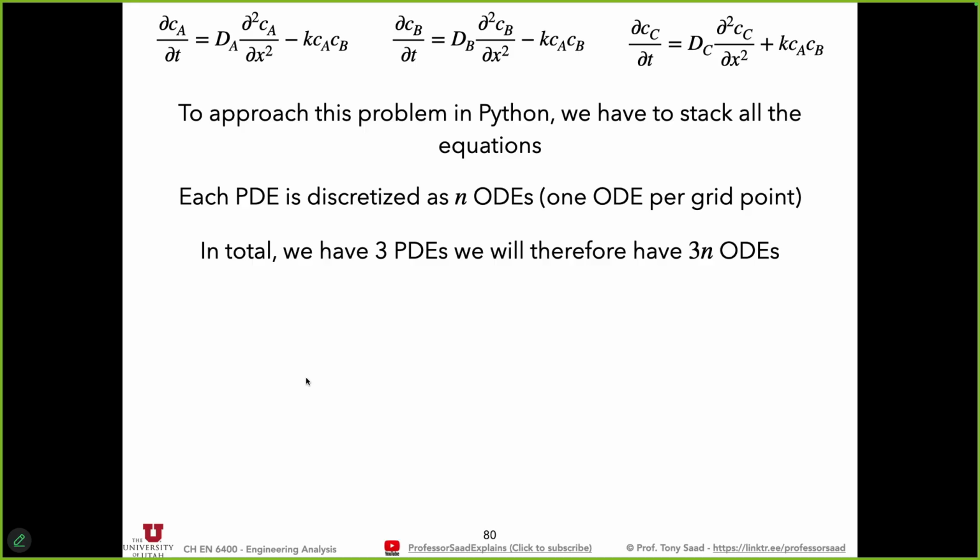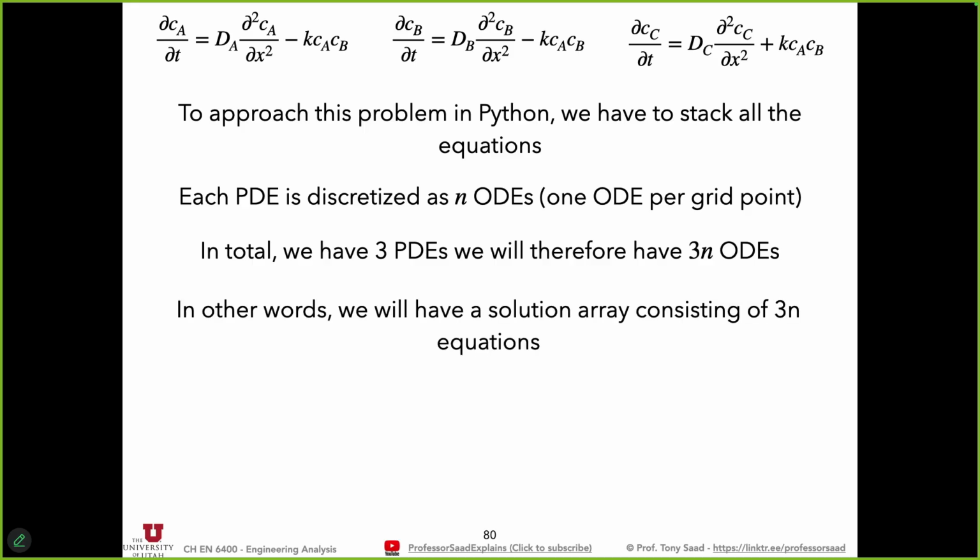But from our perspective, as we are doing all the slicing and the rolling, it makes more sense to put the first PDE first. So the first n equations will correspond to A, the second n equations will correspond to B, and the third n equations will correspond to C. That's a cleaner way of doing it because it will simplify the programming of things.